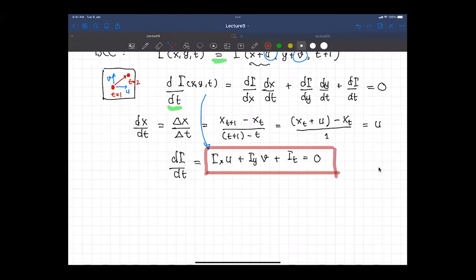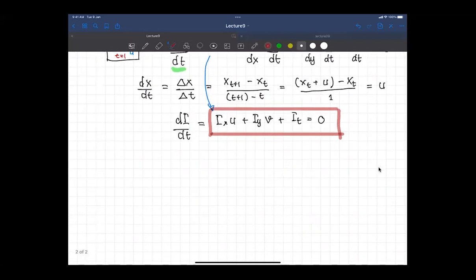So this is the implication of BCC, the brightness constancy constraint. And Lucas Kanade is looking at this equation. Because this one is equal to 0, it means that Ixu plus Iyv plus It ideally equals 0.